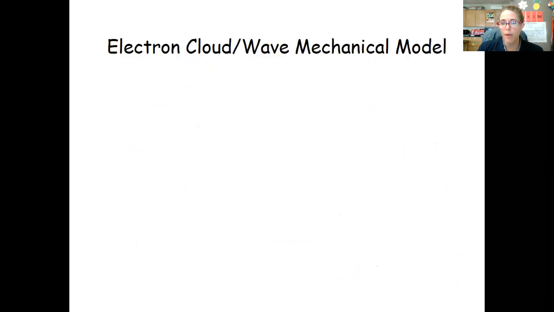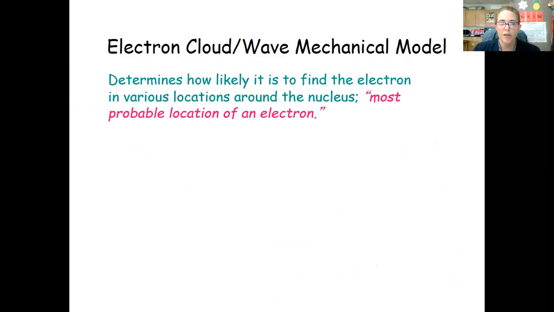So now we're going to talk about our electron wave mechanical model. So now this is our latest current thinking. This is what we call the modern model. And our modern model now expands on this Bohr model, because Bohr's model and his mathematical calculations really only worked well for hydrogen.